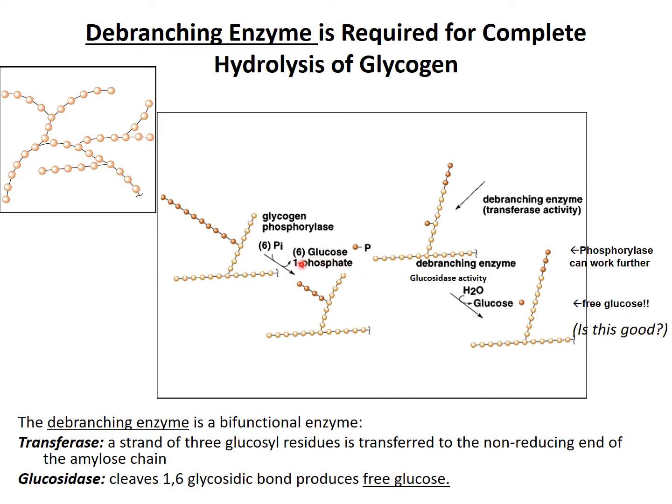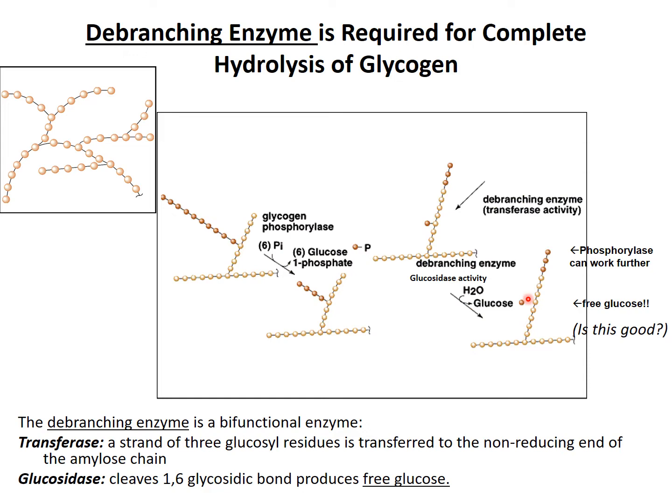One is a so-called transferase activity, when it takes 3 of the 4 glucose units and transfers them to the end of another amylose chain. So you see it's here. And we are left with 1 glucose unit.